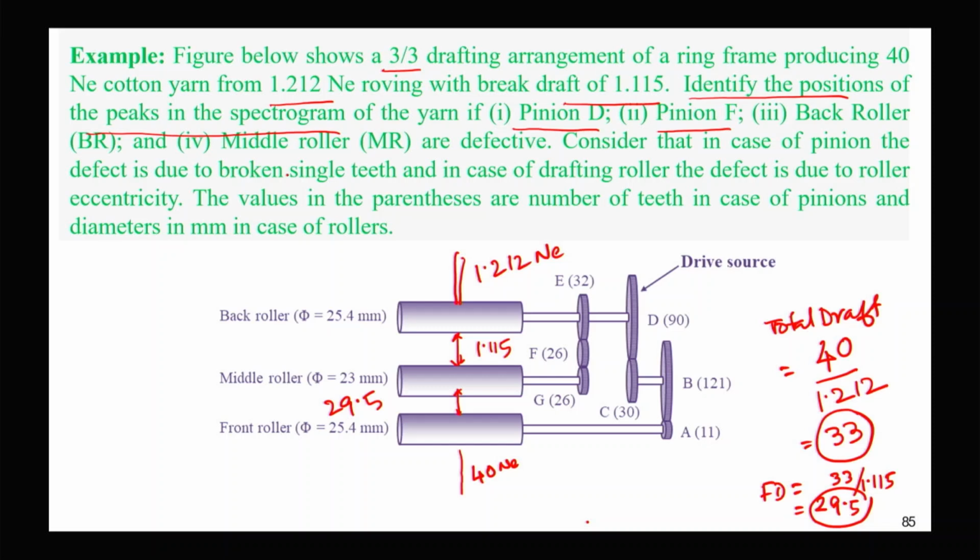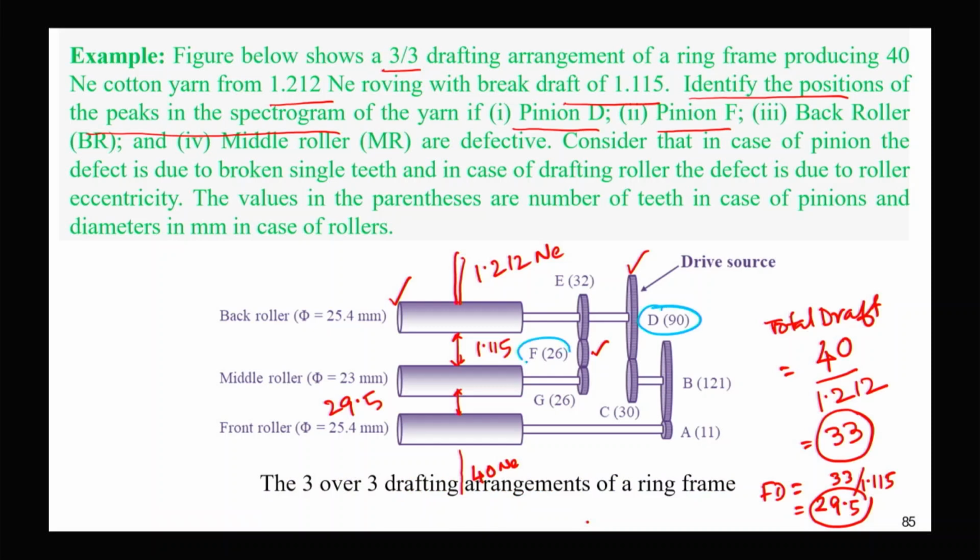So pinion D is defective, pinion F is defective. This is the pinion F, and the back roller is defective. This is the back roller. Middle roller is defective.